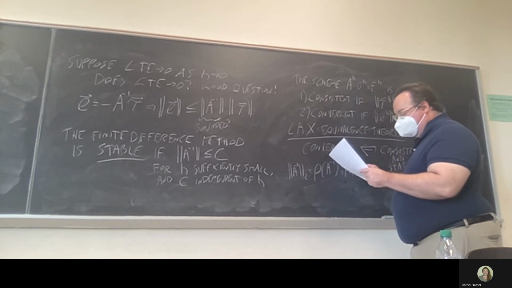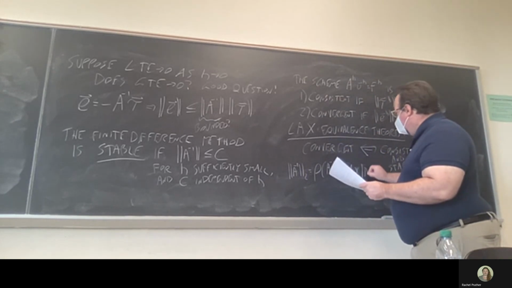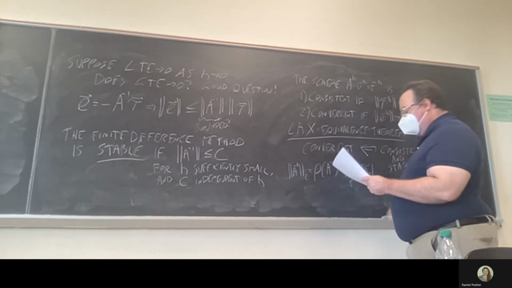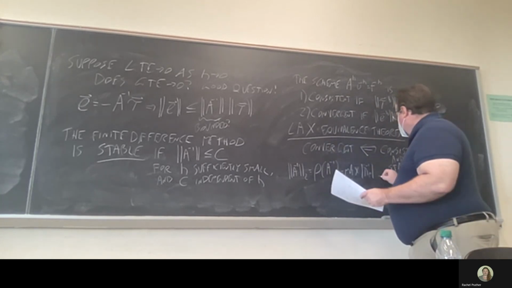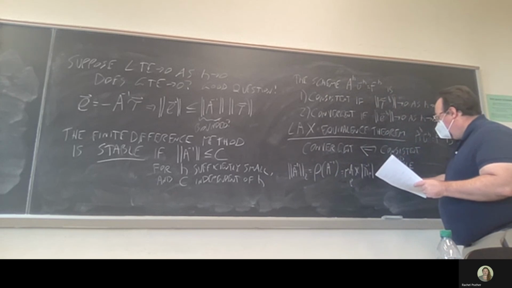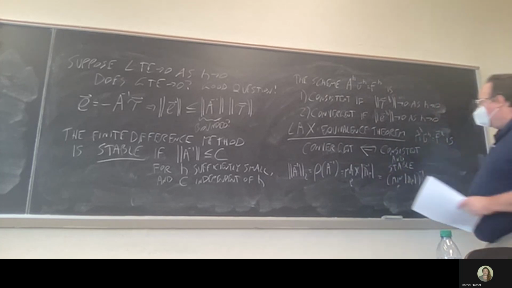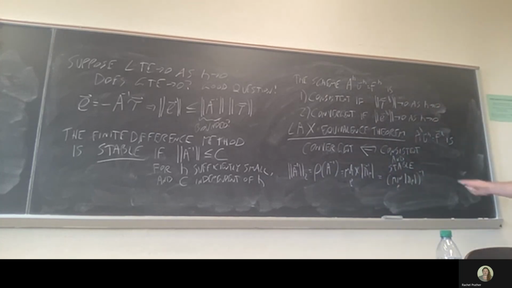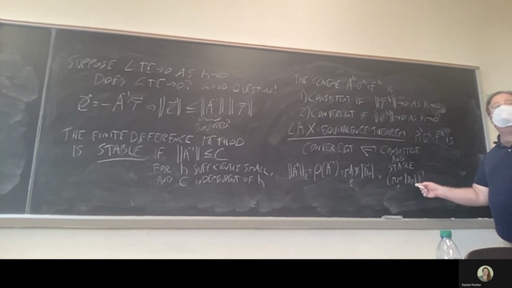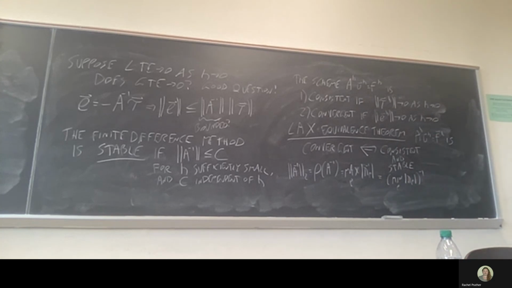Spectral radius is defined to be the absolute value of the largest eigenvalue. But that would be 1 over the minimum eigenvalue of the original matrix. So if we can show that this is bounded independently of h, as h goes to 0, then we're good. Then we can say that the scheme is stable.